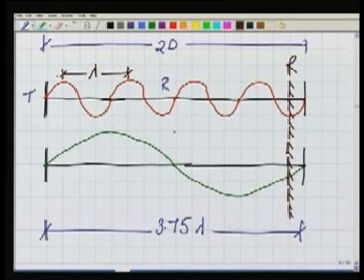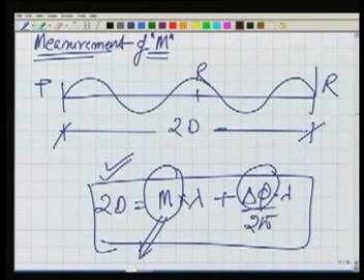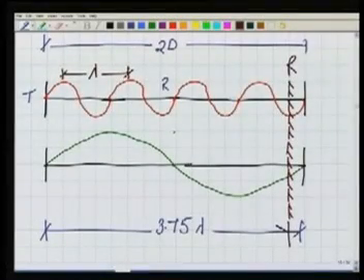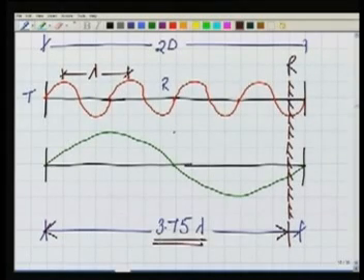As usual we will write the equation of this measurement as we have seen here. This 2D is m into lambda plus phase difference and corresponding distance because of the wavelength. Now let us take this distance up to here as 3.75 times lambda.